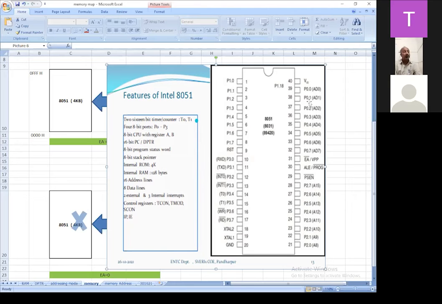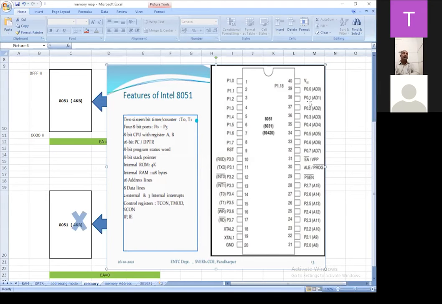In that also, one MCQ was given to you, and the hint was that whenever you give logic 1 to any one pin, that pin will work as dash dash. Is it input or output?